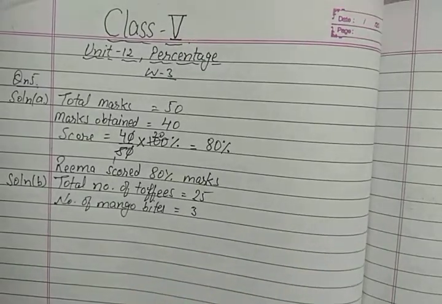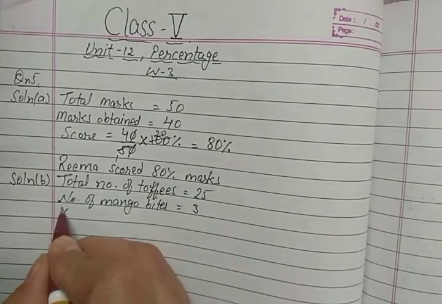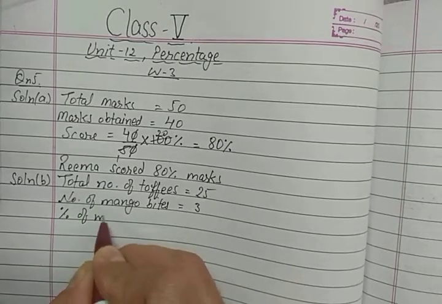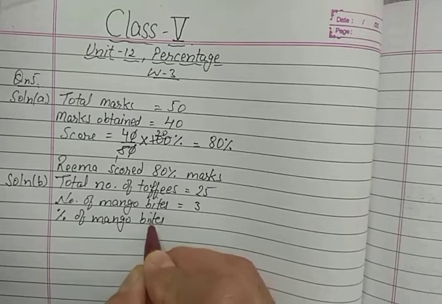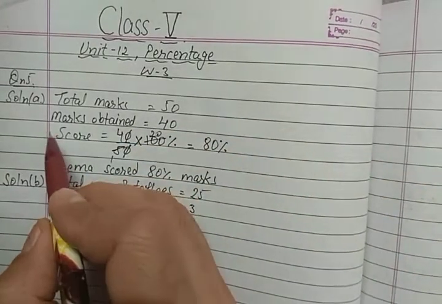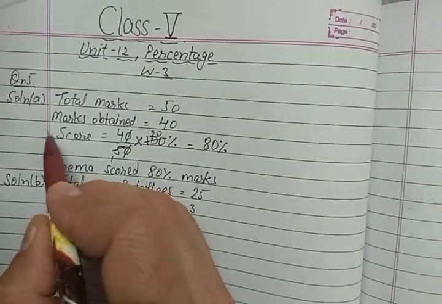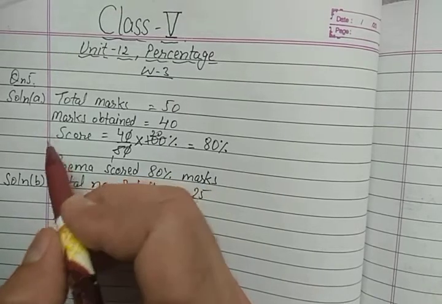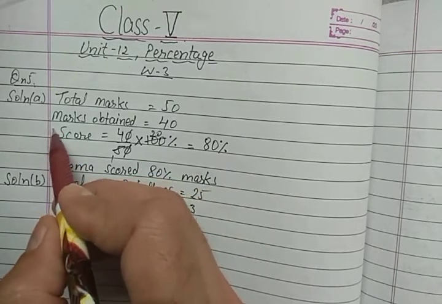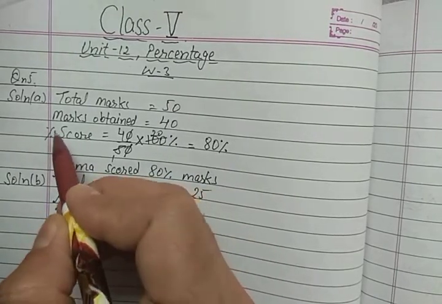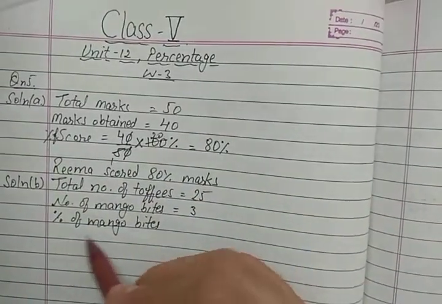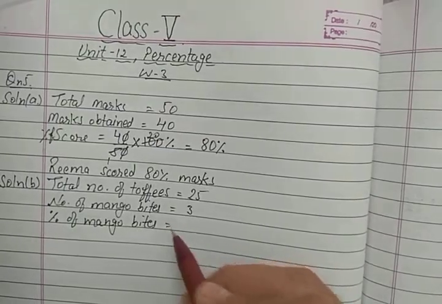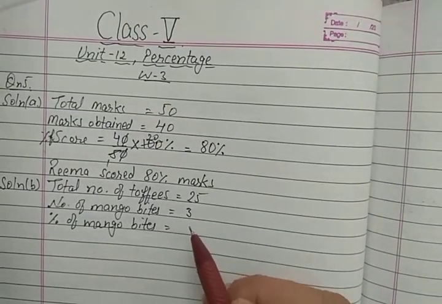What we have to find out? Percentage of mango bites. Here also we will write percentage of score. Percentage of marks scored. So percentage of mango bites is, so first of all write it in fraction.